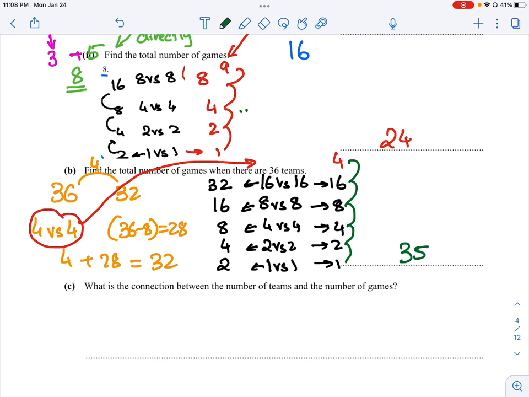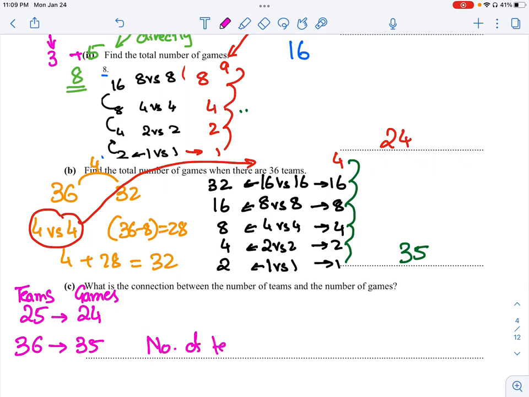So we can see the pattern that when there are 25 teams, the number of games is 24. When there were 36 teams, the number of games is 35. So find the connection between the number of teams and number of games. It is always one less.